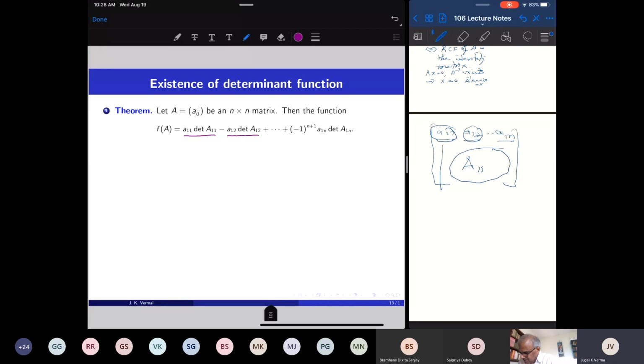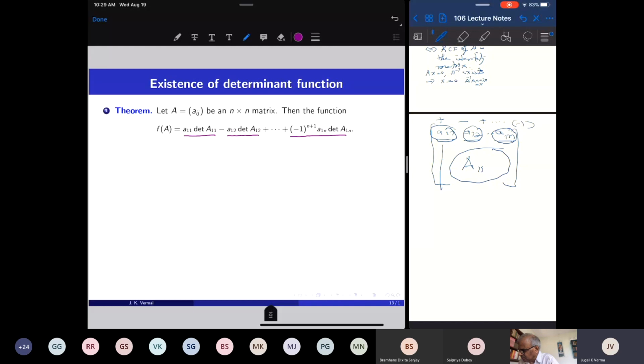And this is alternating in sign, so I get (-1) to the power n plus 1 times A1n times the determinant of A1n. I'm looking at the last entry in the first row, and then removing the first row and the last column. I get the submatrix A1n, and I multiply the determinant of A1n with A1n and put a sign. The sign is alternating: plus here, minus here, and so on.